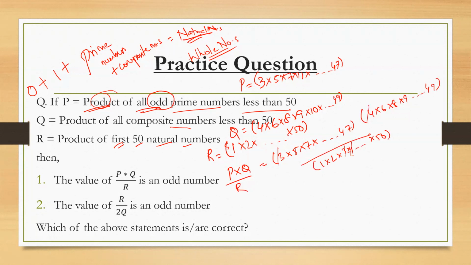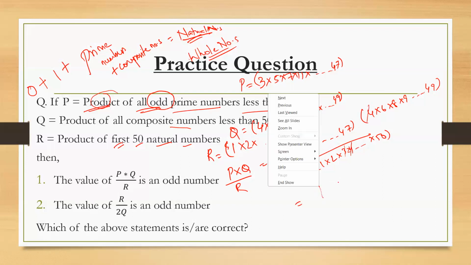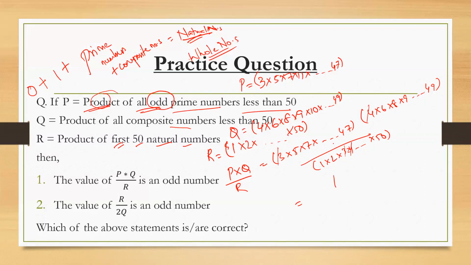So what will be left in the numerator? It will be 1, because all the elements will cancel each other out, whereas at the bottom you will have 1 into 2 into 50.